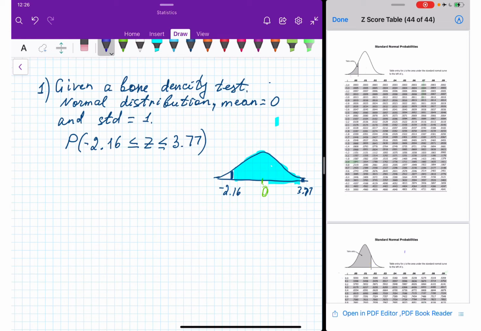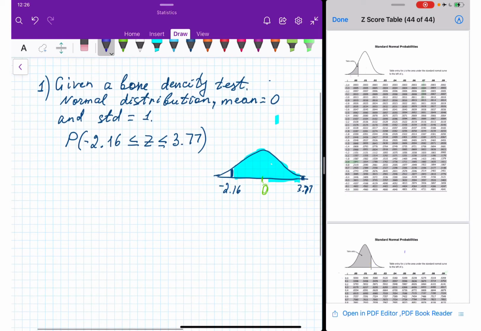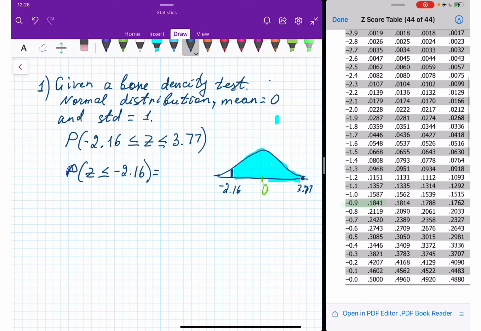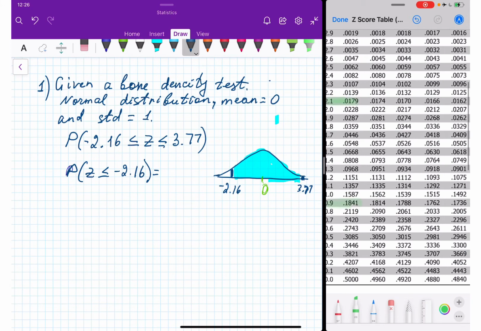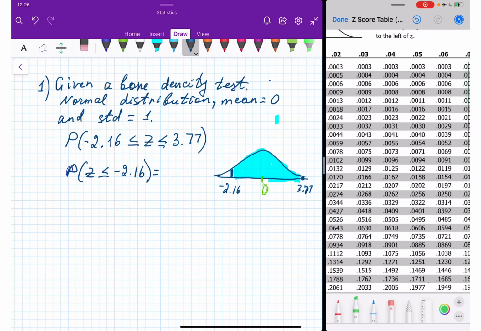So let's find the probability. What is the probability for z-score less than or equal to negative 2.16? Taking negative 2.1 and 6, we are going to go down all the way to 6.